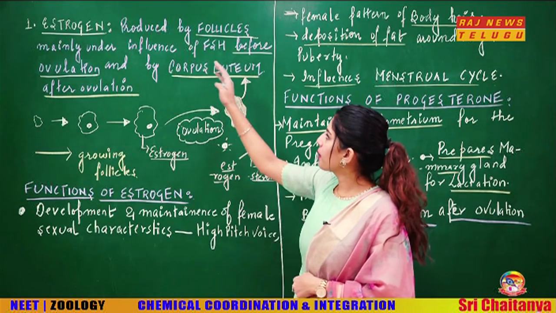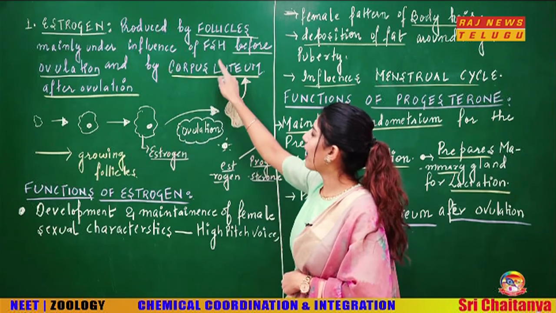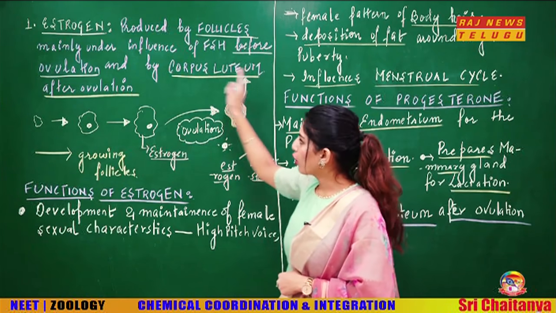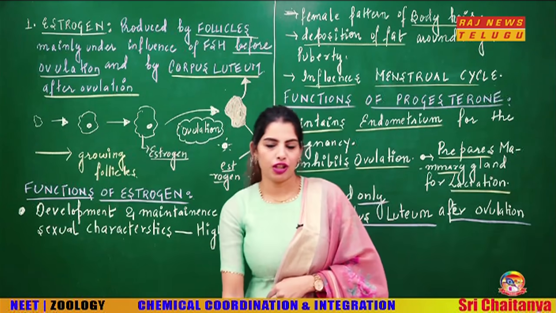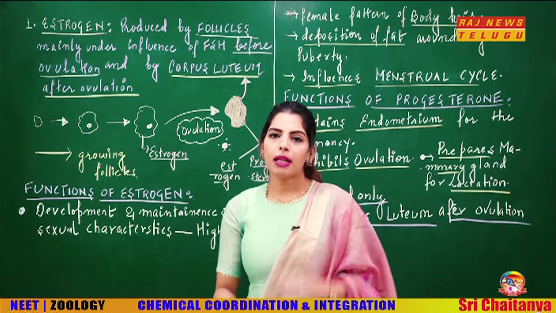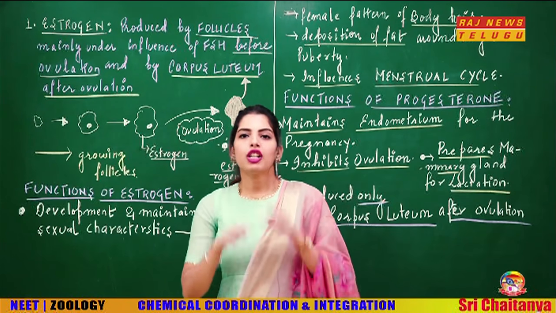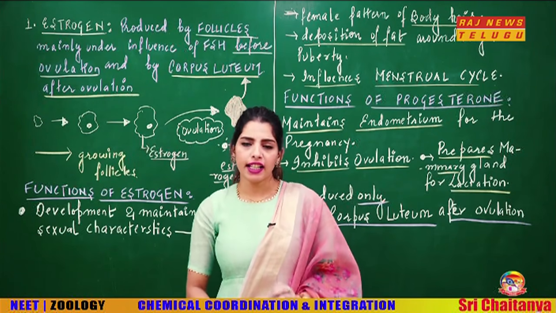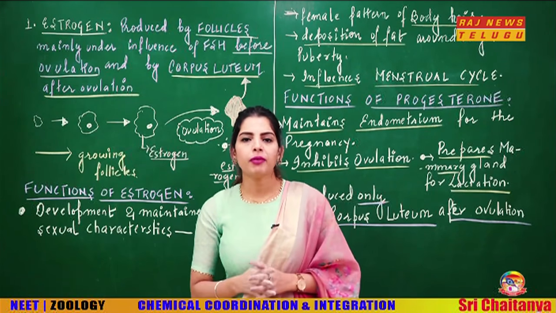Let us look at the estrogen. I have written that it is produced by the follicles mainly under the influence of FSH before ovulation and corpus luteum after ovulation. Now you are listening to these terms maybe for the first or second time. What is corpus luteum? What is ovulation? So I'm going to give you a brief idea about the follicles, ovulation and everything.